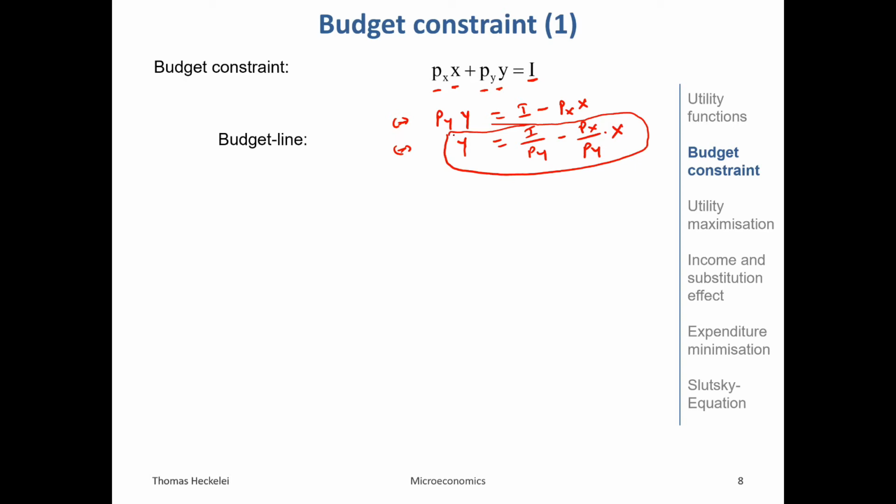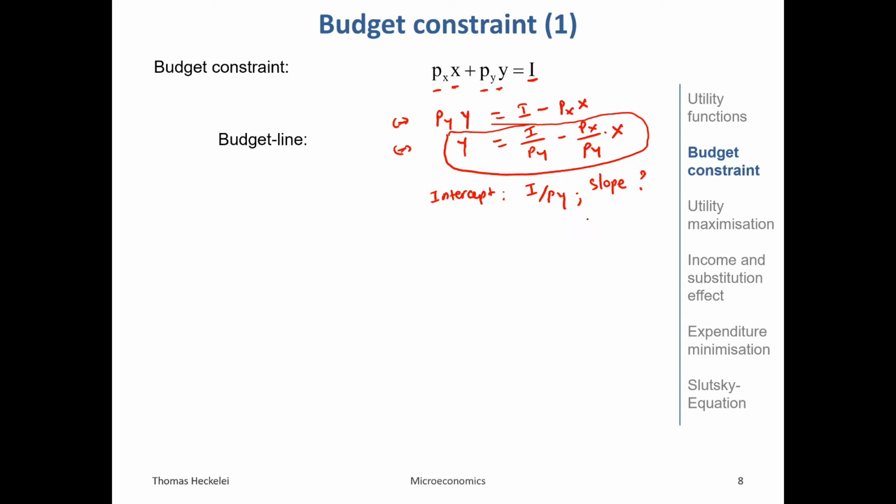Now, we already got the budget line equation. What is each element in it? So we have the intercept, which is I over py. And then you have the slope. Do you remember what the slope is?